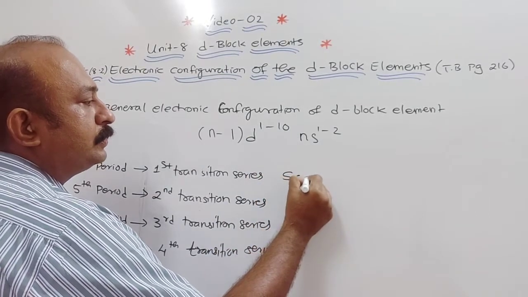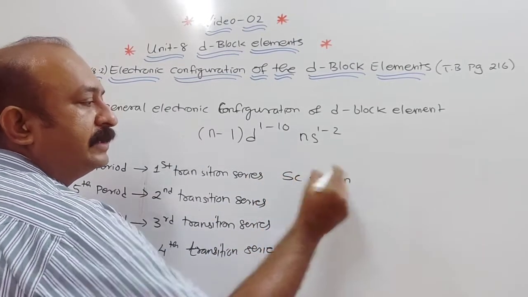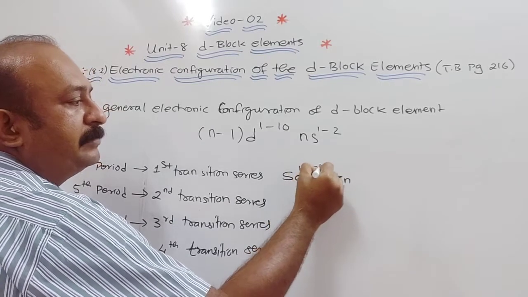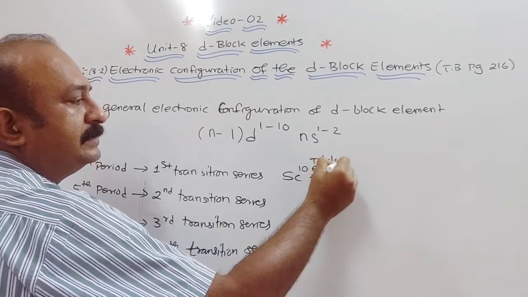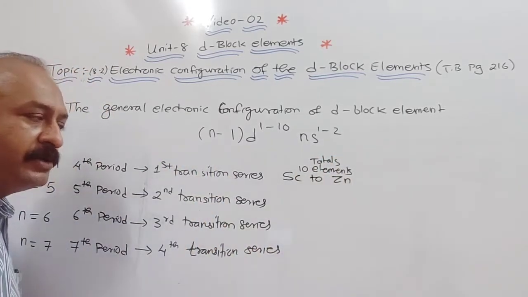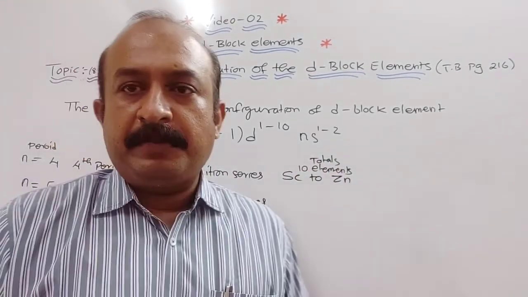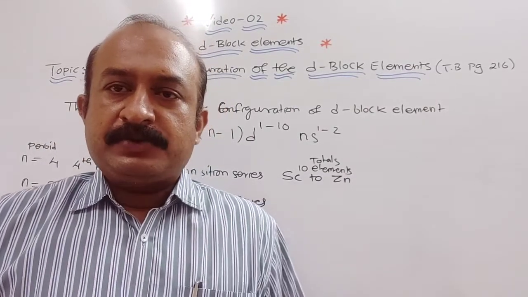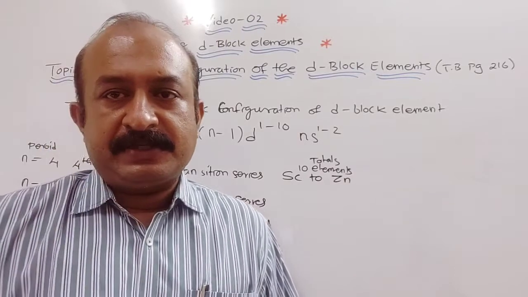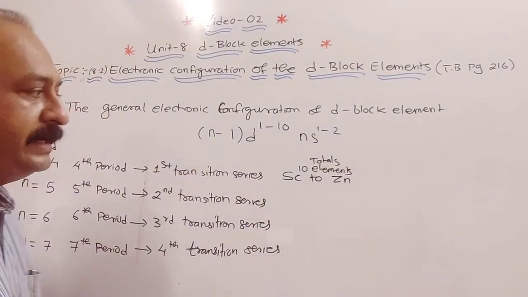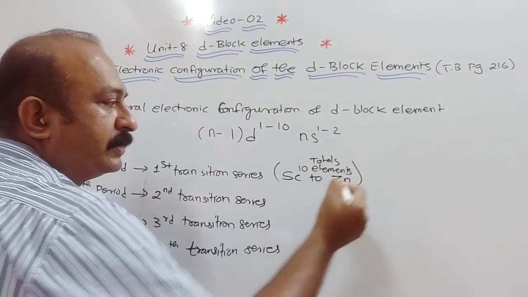In that, there are total 10 elements. Why 10? Because I already explained that in d orbitals a maximum of 10 electrons can be accommodated. That's why you see 10 elements in one series, from scandium to zinc.